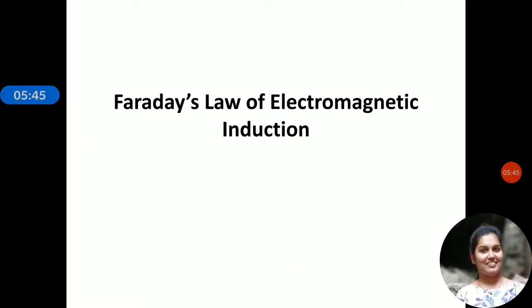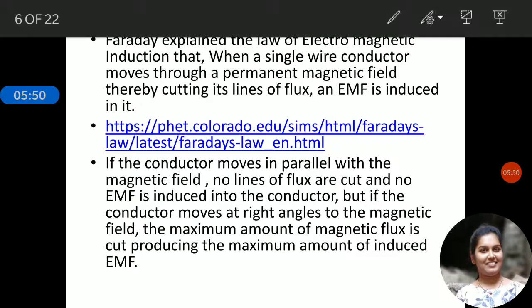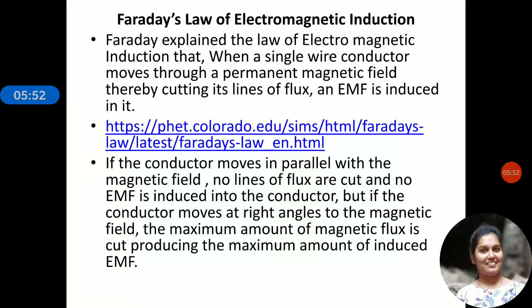And this law, which was proposed by Michael Faraday, is called Faraday's laws of electromagnetic induction. Now we'll discuss in detail Faraday's laws of electromagnetic induction. Faraday explained the law of electromagnetic induction: when a single wire conductor moves through a permanent magnetic field, thereby cutting its lines of flux, an EMF will be induced in it.